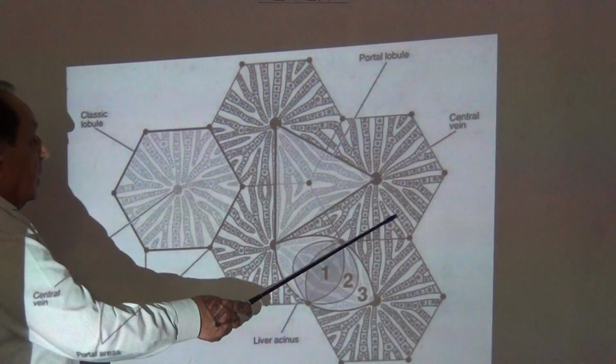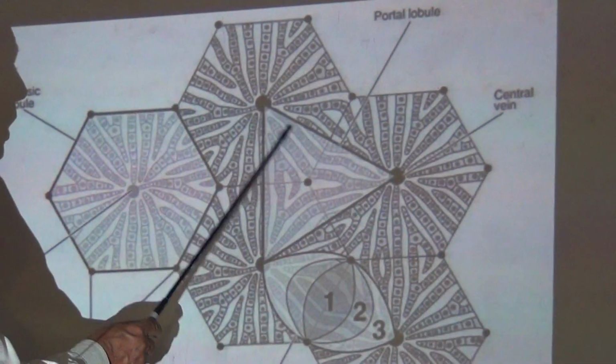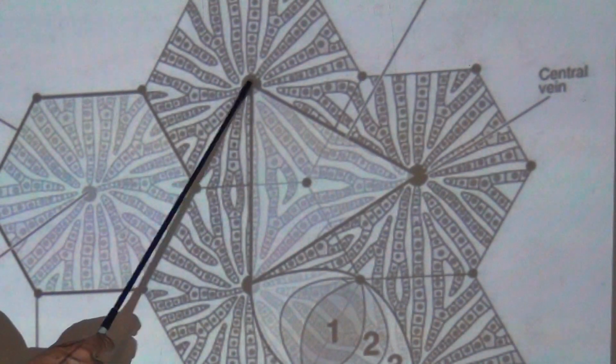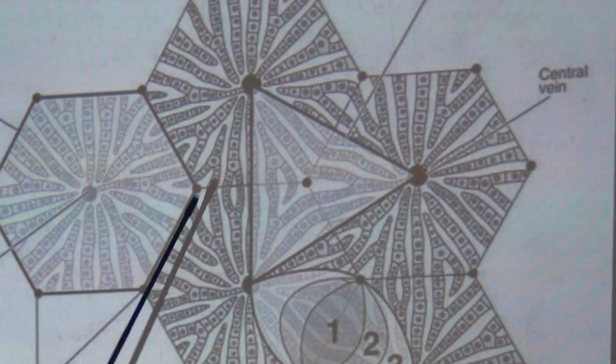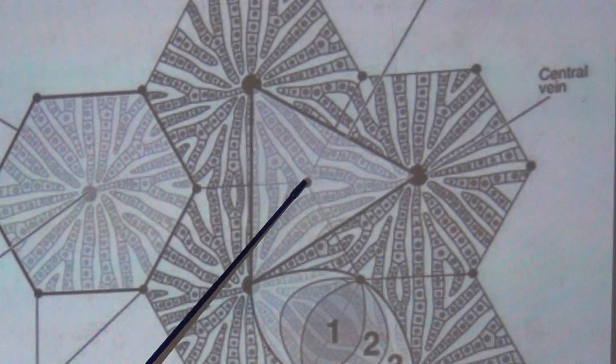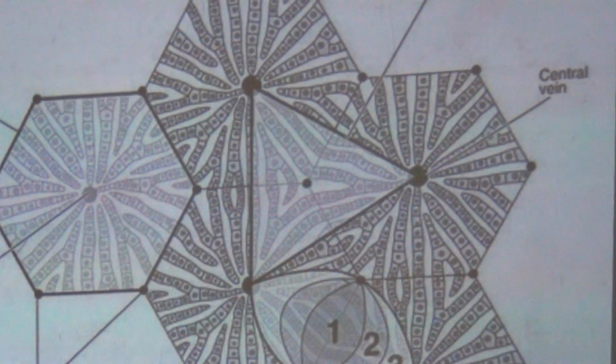These are the hepatic lobules. This one is the portal lobule, having central vein at each corner, and this one is the portal area in the center. It is called the portal lobule.